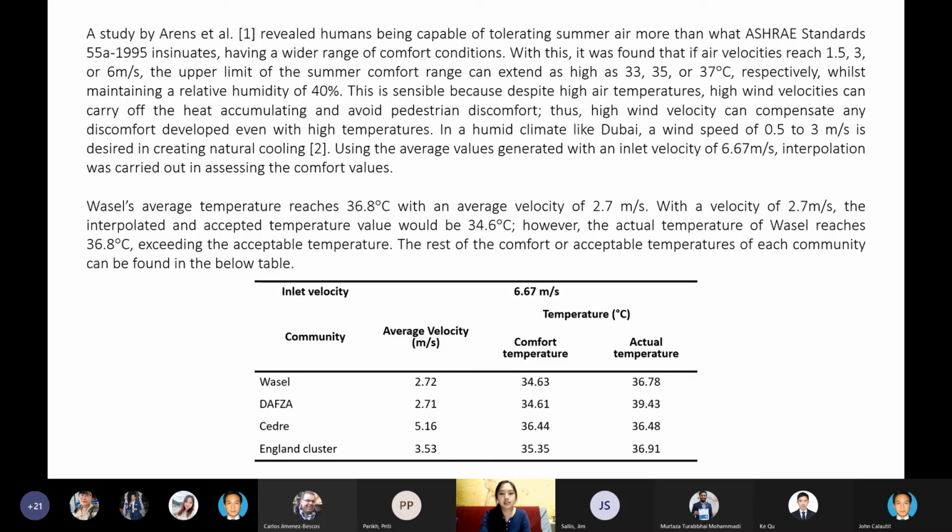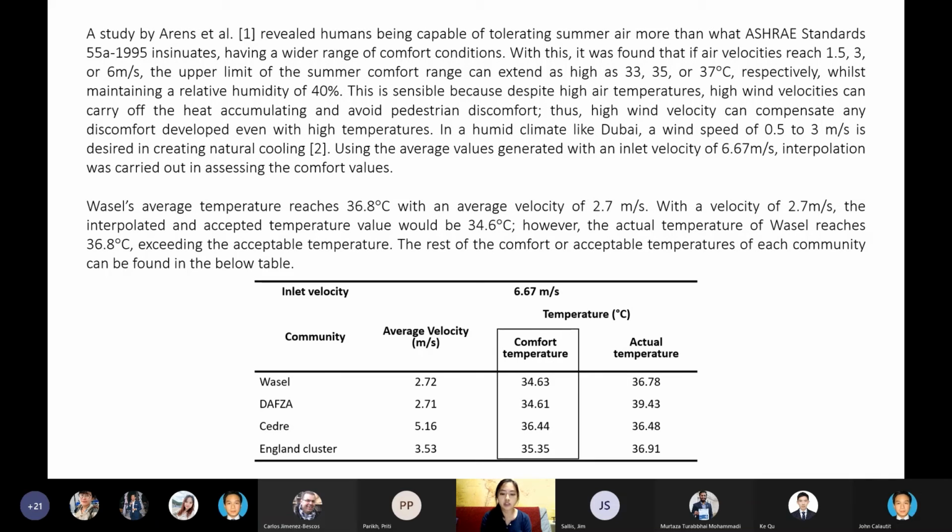I've also done this table where I have created this comfort temperature column, and I have calculated this based on a study by Ahrens, where it was said that if air velocities reach 1.5, 3, or 6 meters per second, the upper limit of the summer comfort range can extend as high as 33, 35, or 37 degrees Celsius, respectively, while maintaining a relative humidity of 40%.